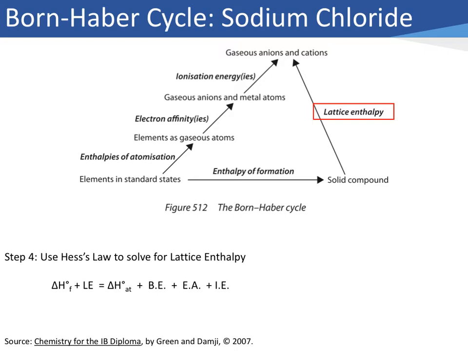So let's take a look at this lattice enthalpy. I discussed already enthalpies of atomization, electron affinities, ionization energies. I didn't really discuss much enthalpy of formation. I can find this data in the data booklet or in other places for the enthalpy of formation, and that is the forming of the compound from its elements.